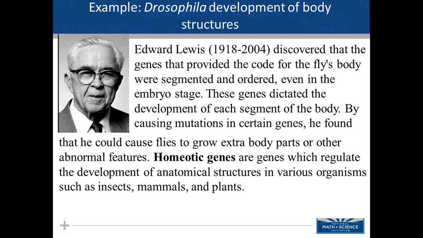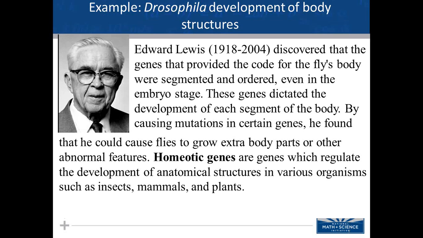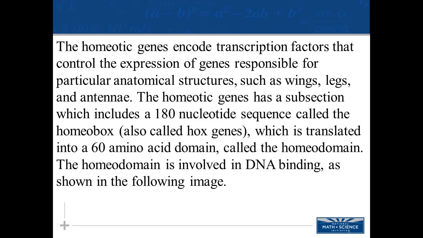So these were called homeotic genes, and they regulate the development of anatomical structures in various organisms, and they are found in insects and mammals and plants. Homeotic genes, it turns out, encode transcription factors that control the expression of certain genes responsible for those anatomical structures that we just talked about, like the wings and the legs and the antennae.